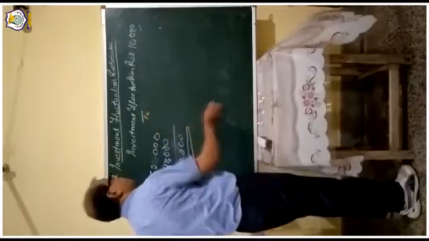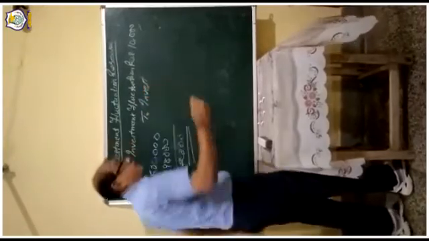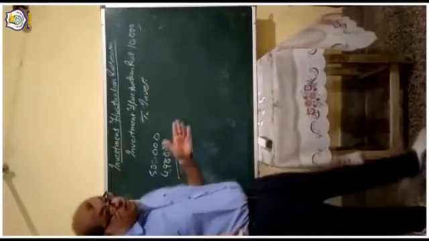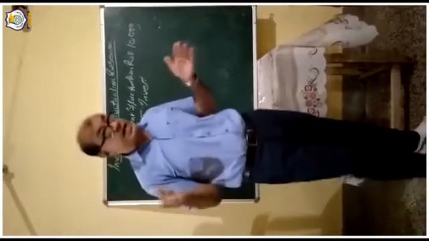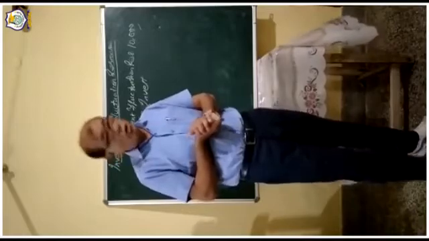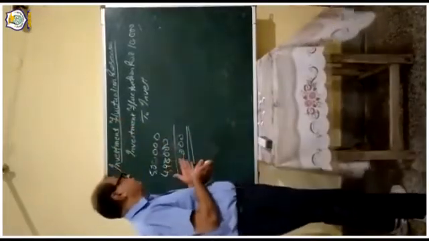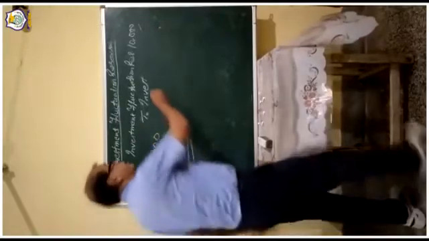So investment account will be credited, because as you know, I told you that all the assets have a debit balance. So now investment reduces by 2,000, so it will be credited.